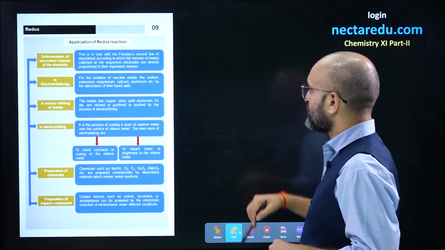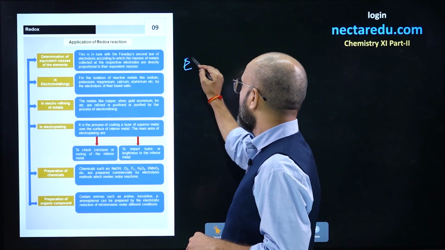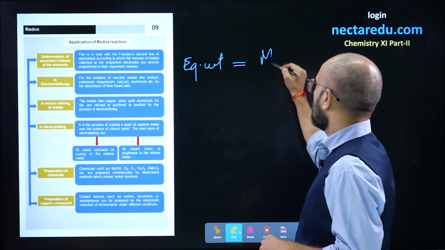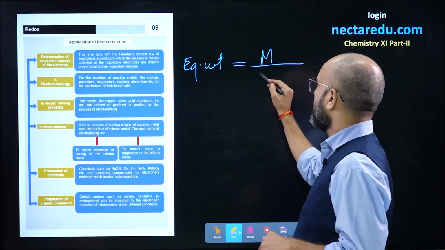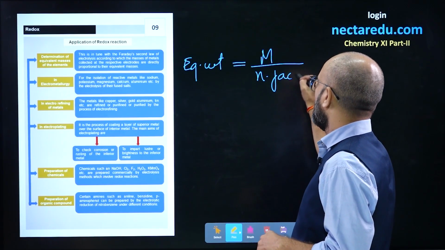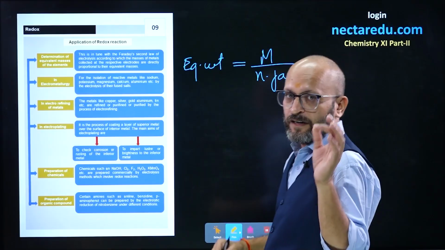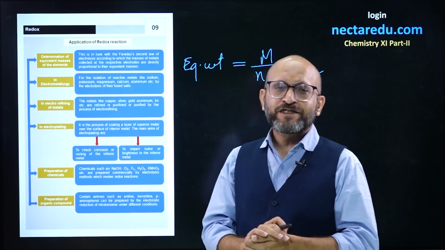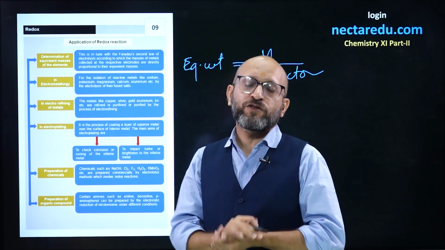And what is equivalent weight? Equivalent weight is basically calculated by taking molar mass M divided by n factor, and n factor in a redox reaction is calculated by the total increase or total decrease during a redox reaction.